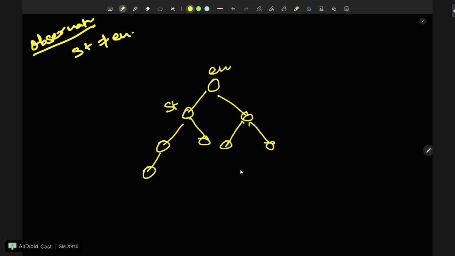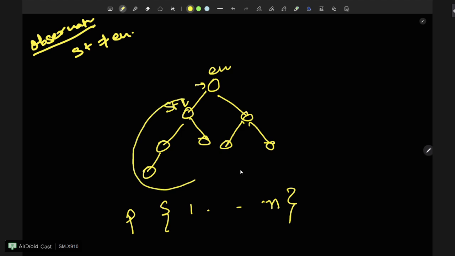How will you move the mouse so that you have a permutation with all numbers 1 to n, starting from here and ending here? Okay, so the idea here is we should go level by level. We should first do the movement of the mouse in this subtree where the starting node is.